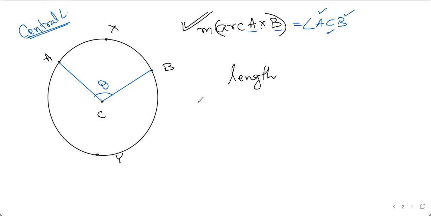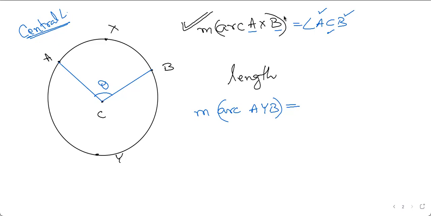Similarly, if I ask you, what is the measure of arc AYB? Can you tell? What will this be? Where is this angle? It is already there, but I have not shown it. Yes, you will be able to know.